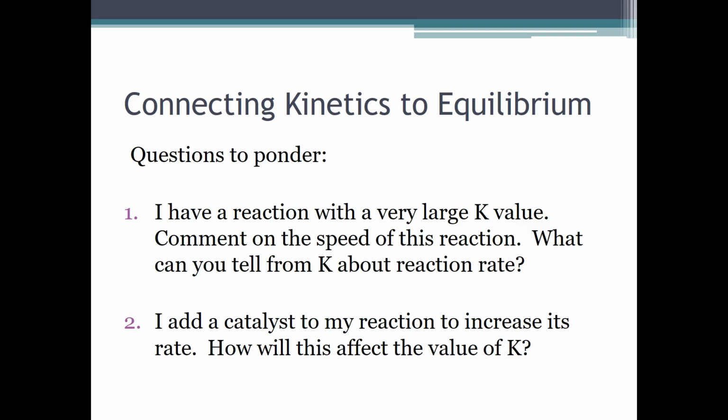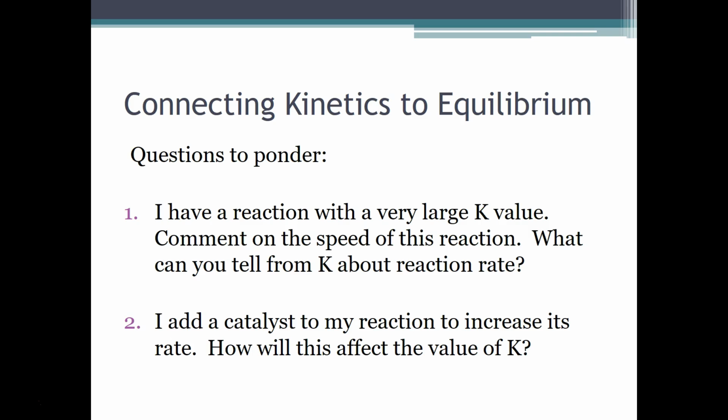And if the rates of the forward and reverse reactions are equal at equilibrium, that must mean that the initial rate of the forward reaction was much, much greater than the initial rate of the reverse reaction. Right? So if the initial rate of the forward reaction is a lot faster, we could tell that K would have a large value.